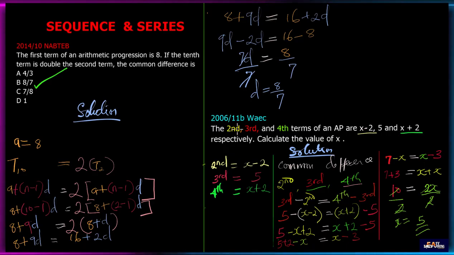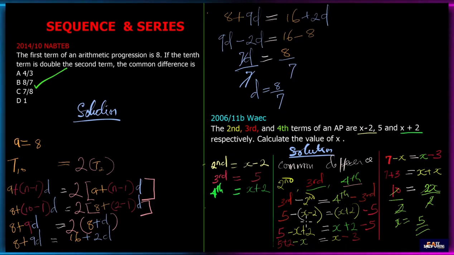So we were given the second, third, and fourth terms of an AP as x minus 2, 5, and x plus 2, and we were asked to find the value of x. We wrote out the values for each term, arranged them as second, third, fourth, and found the common difference: third term minus second term, which is also the same as fourth term minus third term.